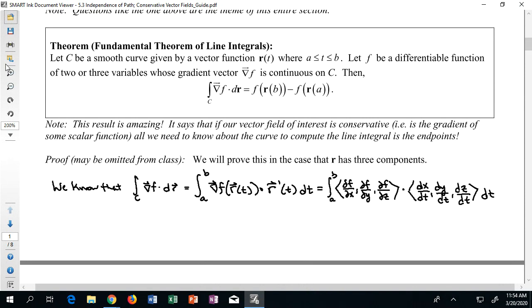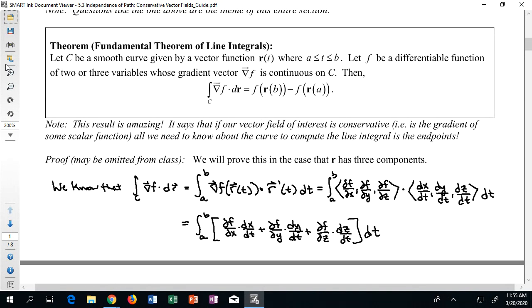Now, if I was to actually perform this dot product, I could see that this turns into an integral from a to b of just a regular old expression, where I'm going to have partial f with respect to x times dx/dt, plus partial f with respect to y times dy/dt, plus partial of f with respect to z times dz/dt, and then a dt on the very end.